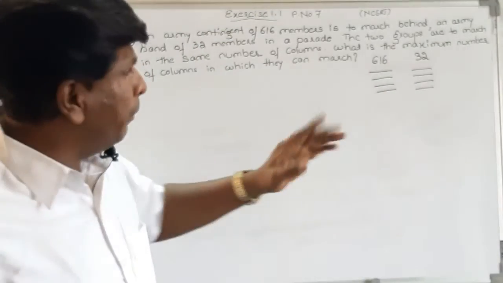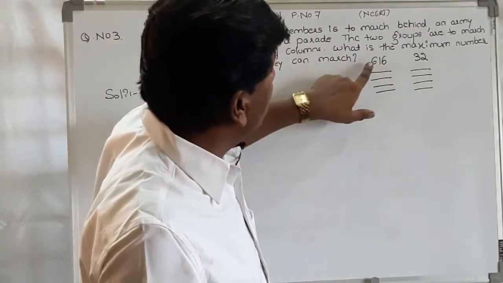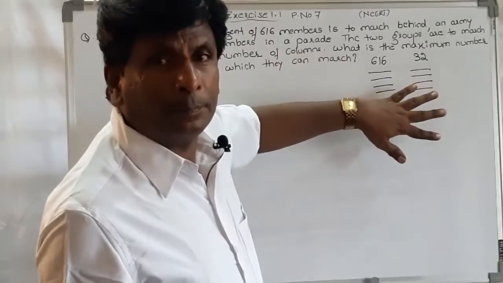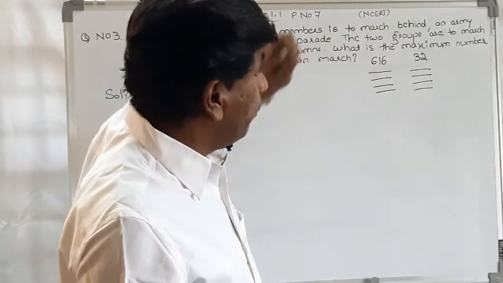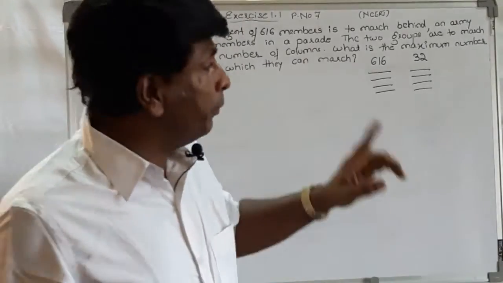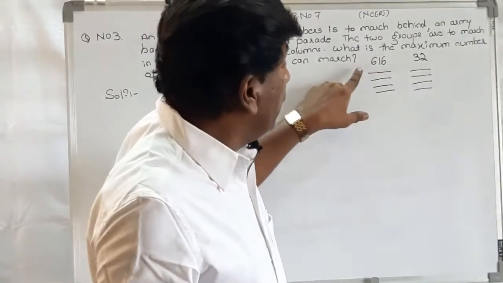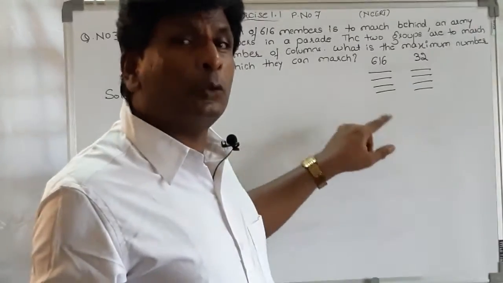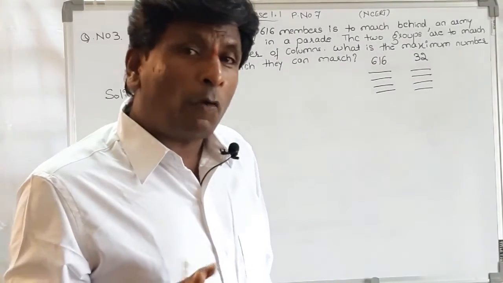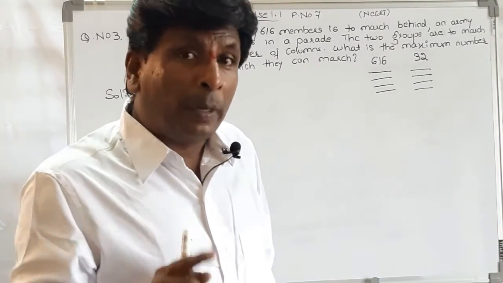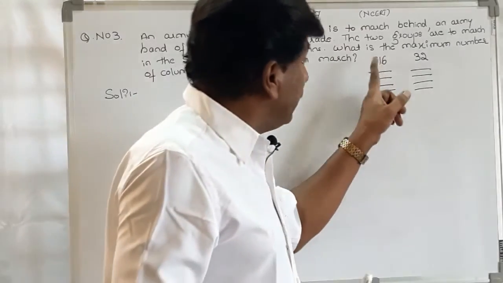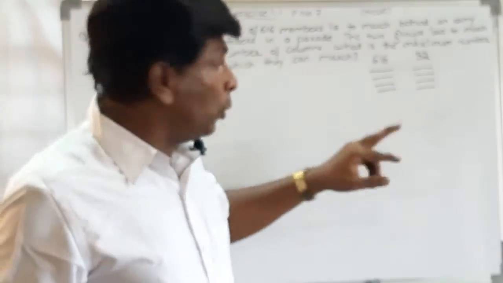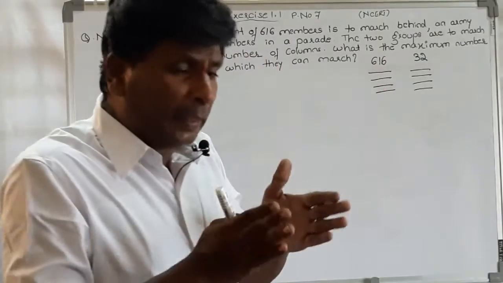You understand? It means we have to divide these two numbers into equal columns. If the columns are equal, then in every column the number of members should be equal. The number of members is not important, but it should be equal in all columns. So we have to divide these two numbers into equal parts.